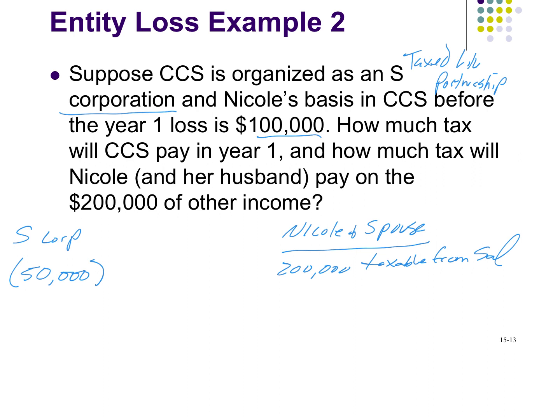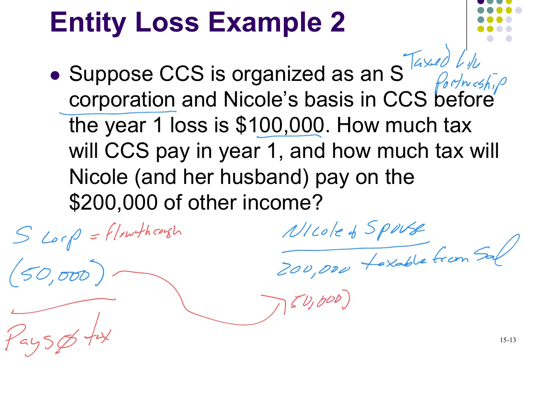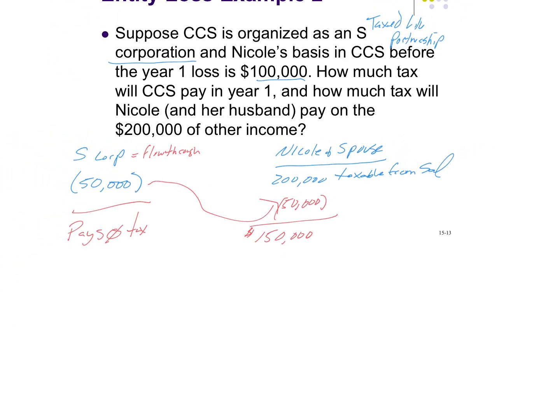Well, remember now that we've said this S corporation is flow-through. So the S corporation pays 0 tax at the entity level, but this $50,000 now can be directly deducted from Nicole and spouse. And so now they have $150,000 of taxable income.